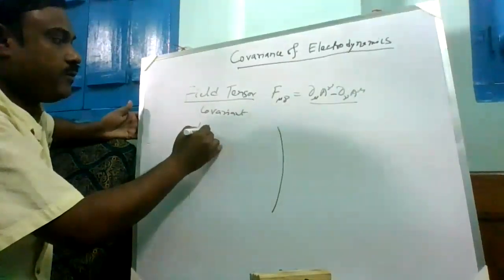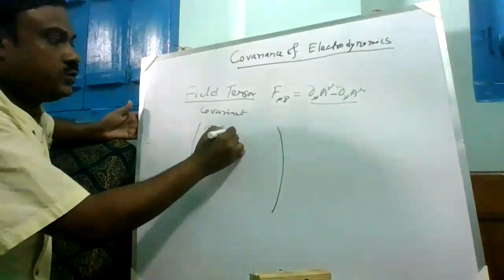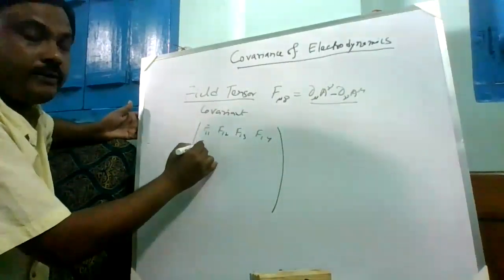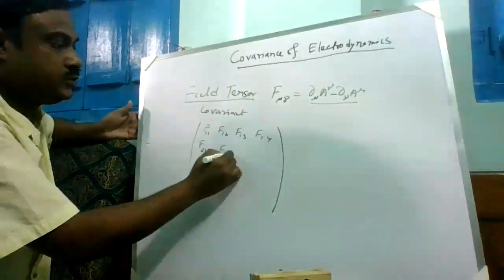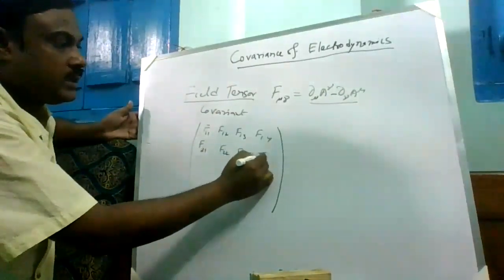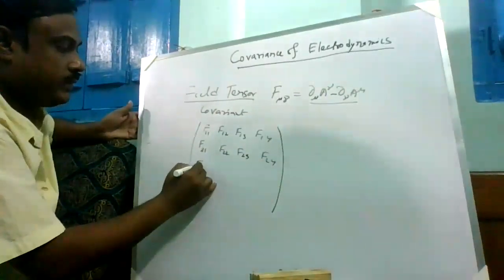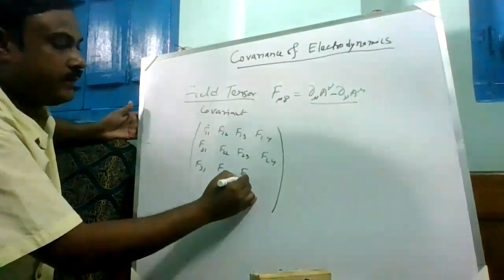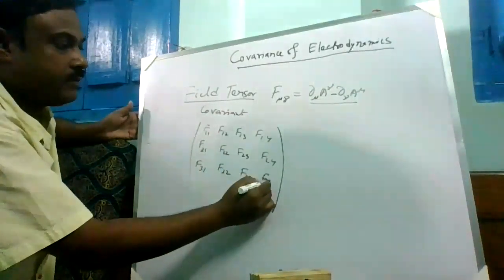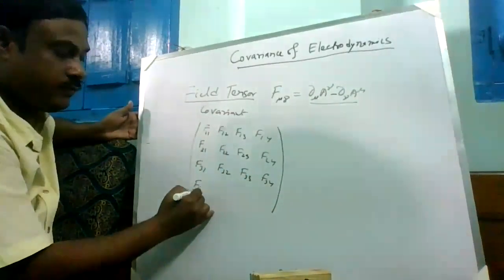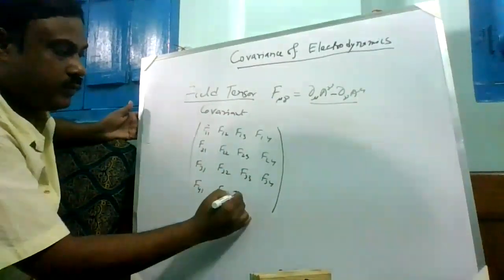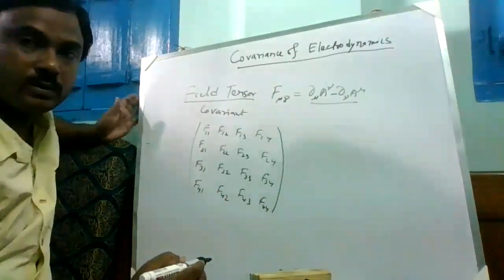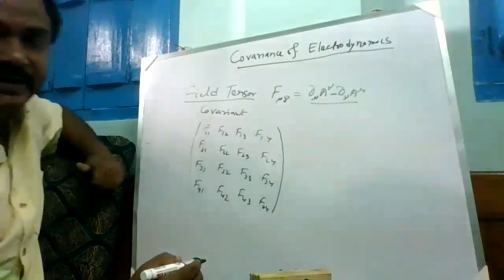So this will be F11, F12, F13, F14; F21, F22, F23, F24; F31, F32, F33, F34; F41, F42, F43, F44. This is called the field tensor.